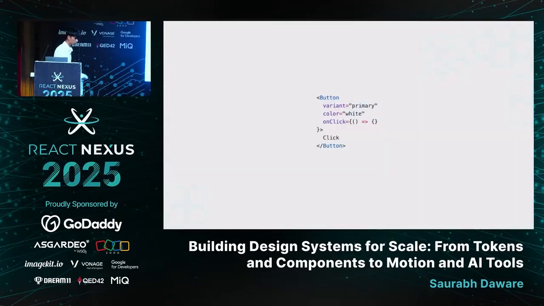So let's talk about component APIs. Component APIs are where you define how you expose the component. For example, if you're exporting a button component, you define that variant is the prop that you want to use, or color is the prop that you want to use, and what values the color has.